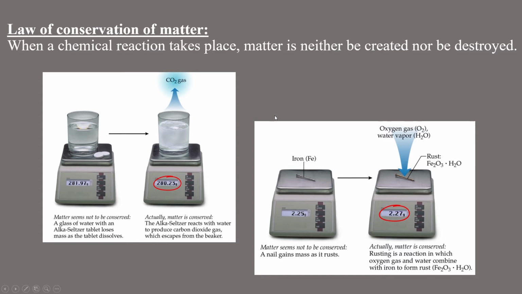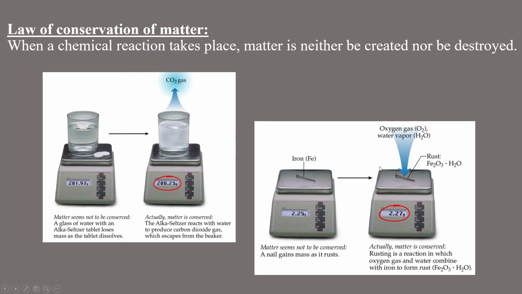In the second example, I have an iron nail of 2.25 gram, and in the process of getting rust, it seems like the matter is not conserved and gained by 0.02 gram. But in actual, this gain in the mass is actually the mass of oxygen and water vapor from environment.